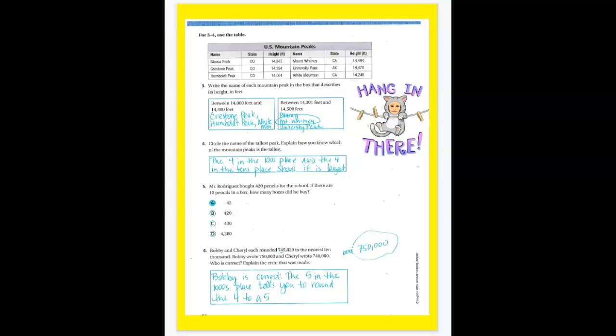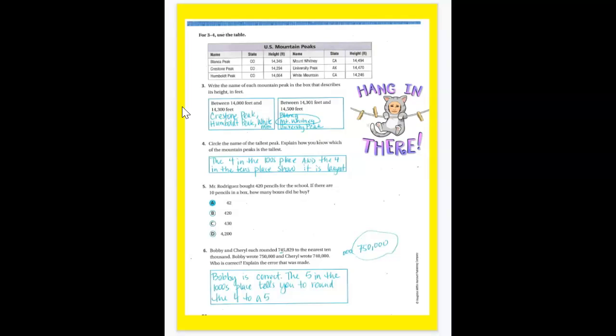For questions number 3 and 4, we are told to use the table. So this is the information that we are going to be using. Number 3, write the name of each mountain peak in the box that describes its height in feet.